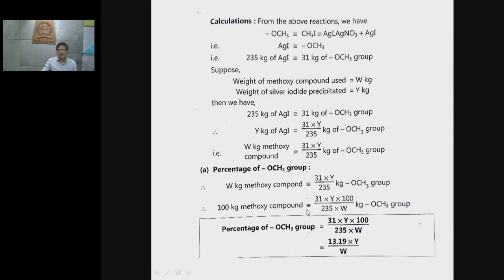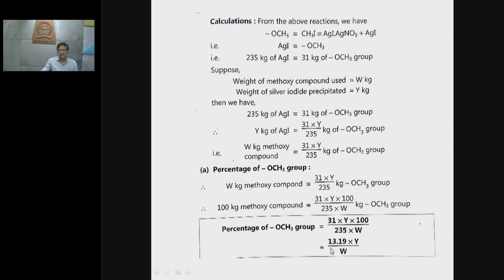Again by cross multiplication, it is 31 multiplied by Y multiplied by 100 divided by 235 into W, in percent methoxy group. So this is the formula to calculate the percentage of methoxy group from the above experiment. 31 is the weight of methoxy group, Y is the weight of precipitate of AgI, 100 divided by 235, which is the molecular weight of AgI, into W, the weight of compound we took.